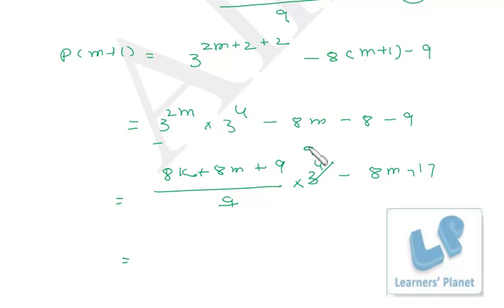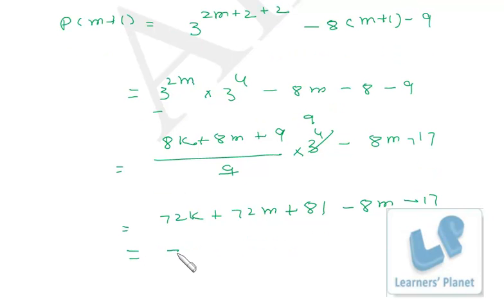So we multiply 9 into 8k, 72k, plus 9 into 8m, 72m, plus 81, into this, minus 8m minus 17. Okay. So it is 72k, 72m minus 8m, 64m, 81 minus 17, 64.